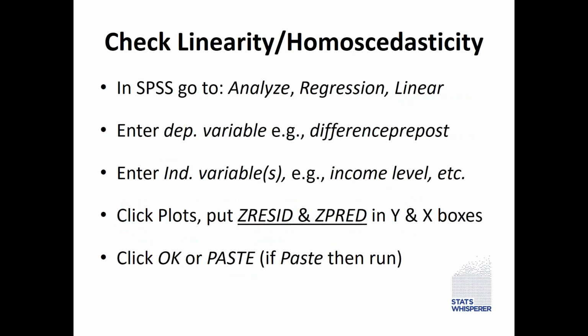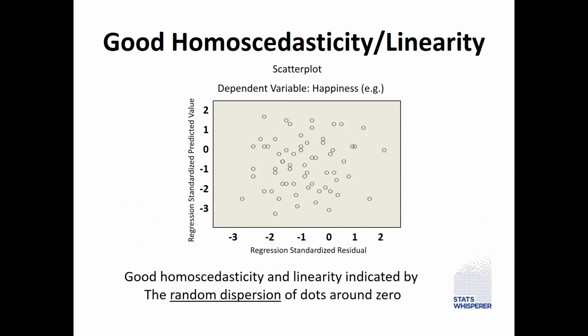So we can check them at the same time, there's a function in the regression, right? So when we go to SPSS and we do our regression, and we'll check this when we do our actual regression model, you see underlined here, when you click plots in the fourth line, you click plots and then zpred and zresid, and that will give you a scatter plot, and that will rate the linearity and the homoscedasticity.